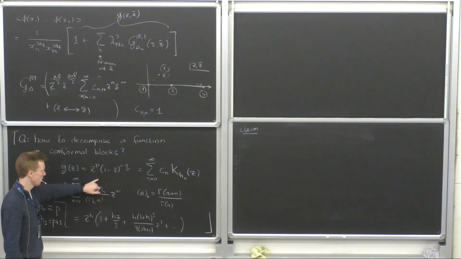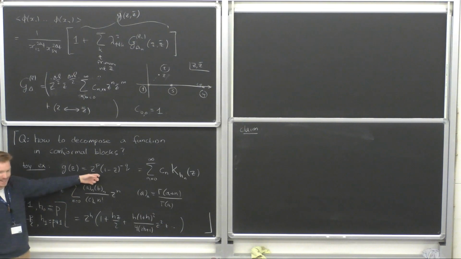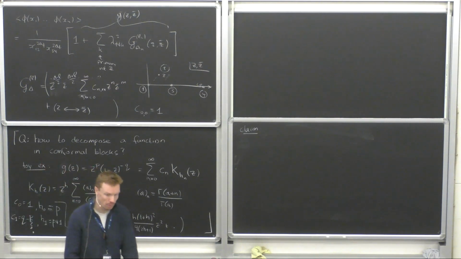This is not the same as just the zeroth block. The block for the zeroth component is k_p of z, which has a very complicated expansion, and that expansion is not this. It's a much more complicated beast. So I need a new one. I add one more, then I have to match it up to order z to the p plus 1, and so on. So there are infinitely many coefficients to be determined.